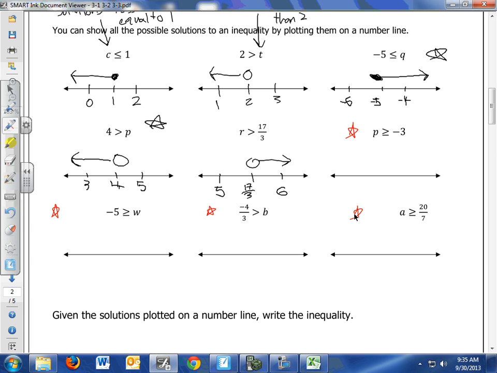Careful with that one. Good. My solutions are bigger than -3. This is good.